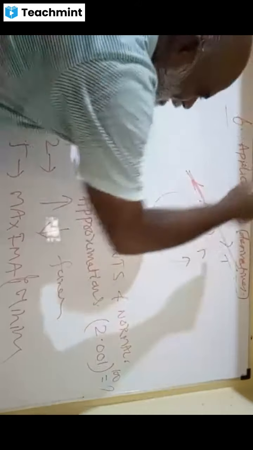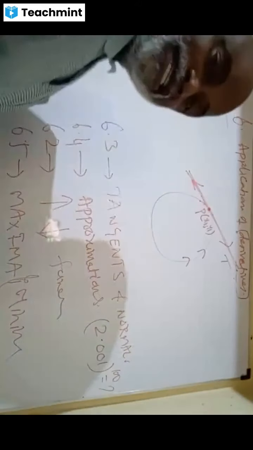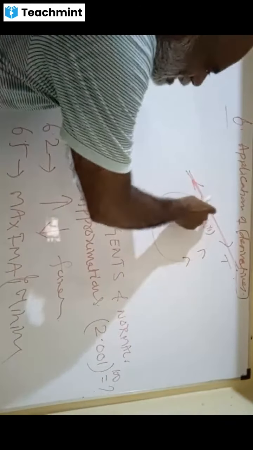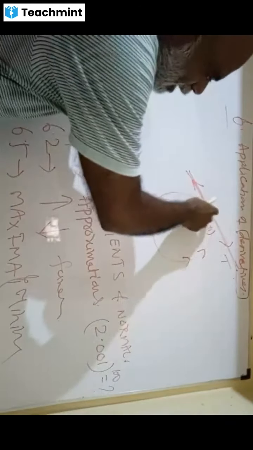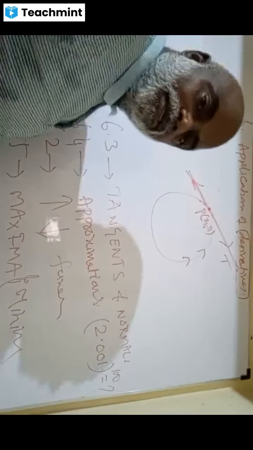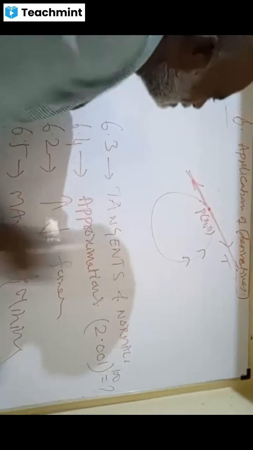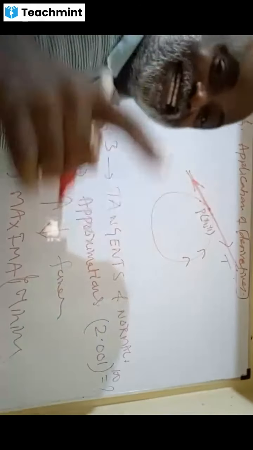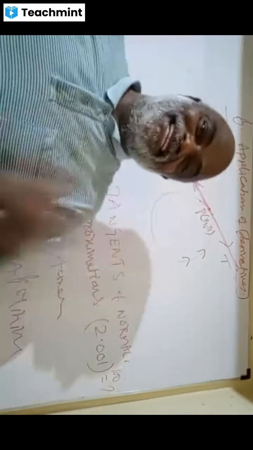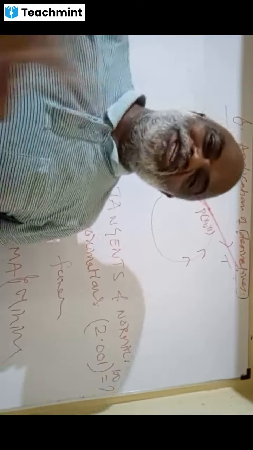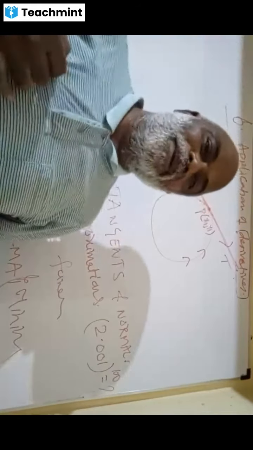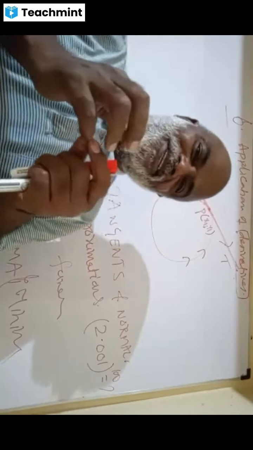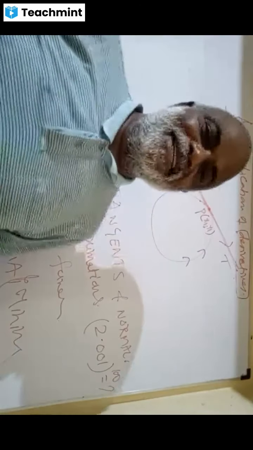If you cut the thread here, if you disturb the circular motion, at this point the stone will fly away like this. That is the direction, as a tangent. Tangent will give the direction at that point. Physics is very important. Anyway, if you want to know the direction of an object, you should draw a tangent.